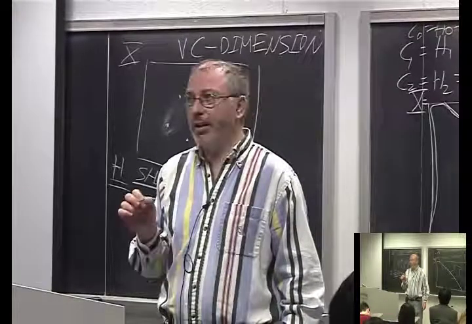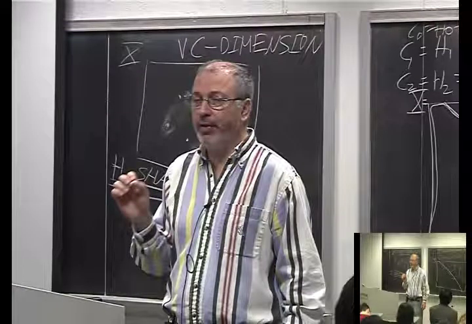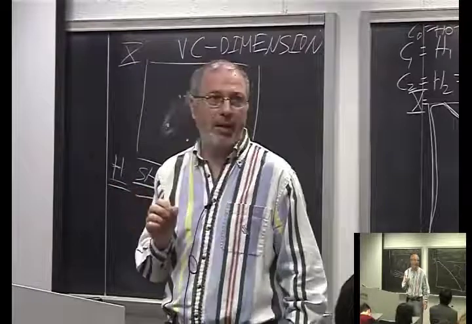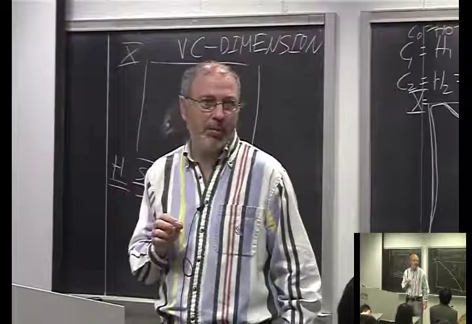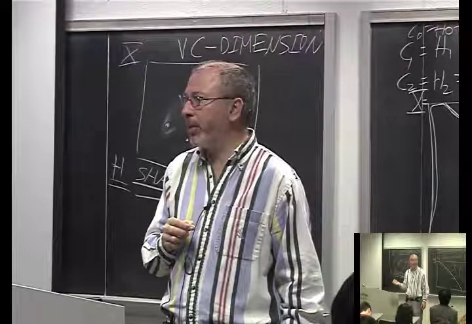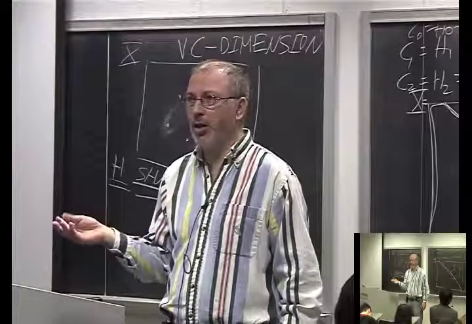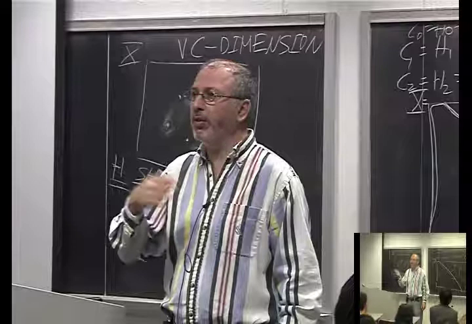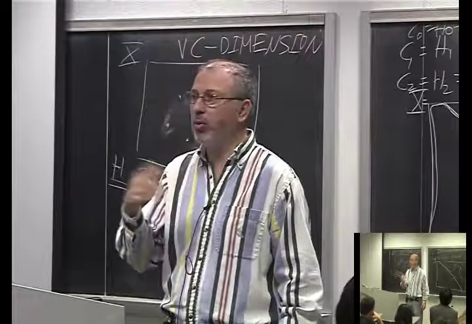I'll make the important distinction again. If the VC dimension of H is K, it doesn't mean that any set of K inputs can be shattered by H. It only means that there exists at least one set of K inputs that can be shattered by H. And what does it mean for H to shatter these K inputs? It means that you can find 2 to the K members of H, such that each one of them makes a different assignment to these K inputs. Assignment of yes or no, plus or minus.